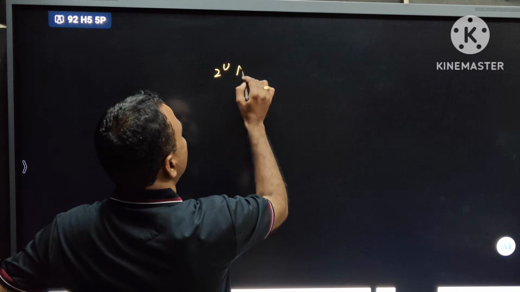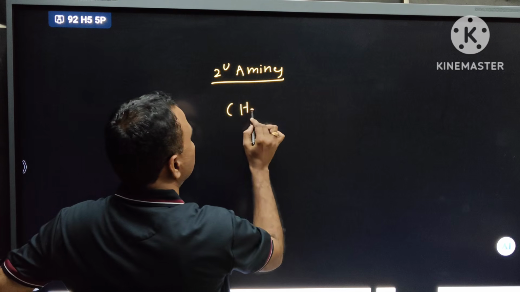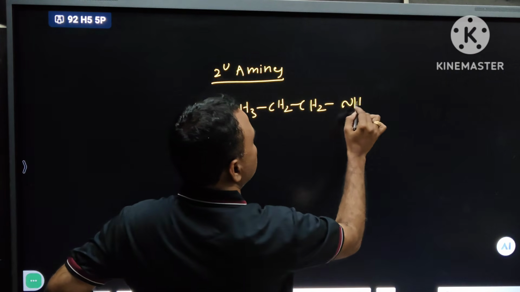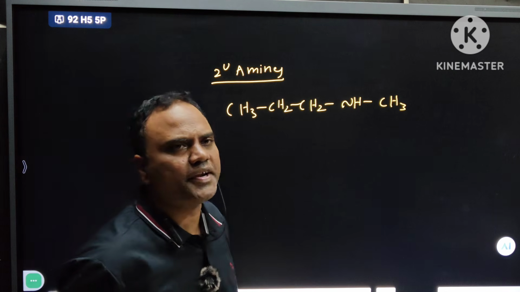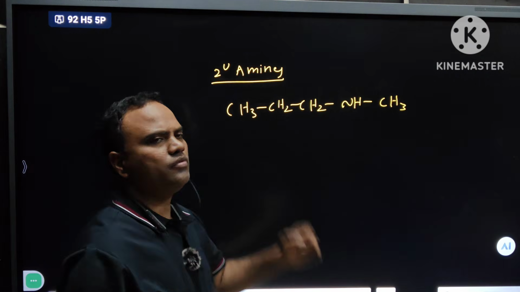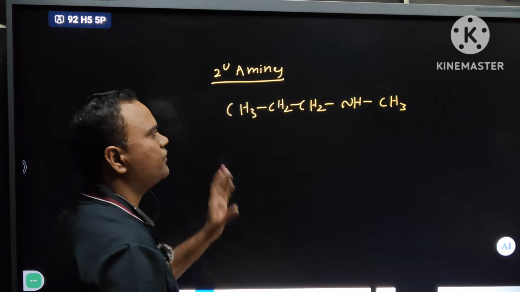Secondary amine examples. All those were primary amines; now secondary amines. CH3CH2CH2NHCH3. In this case, nitrogen is connected to two side chains, one on the right side and one on the left side. Which chain has more carbons, left or right?